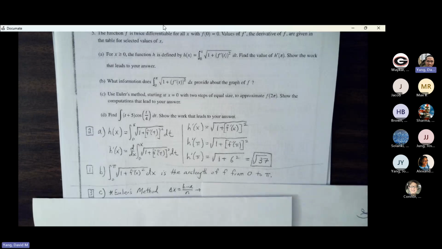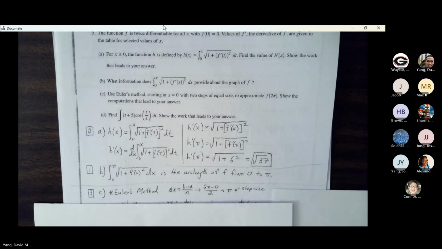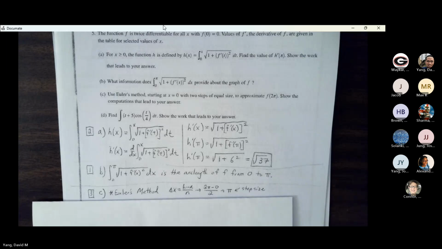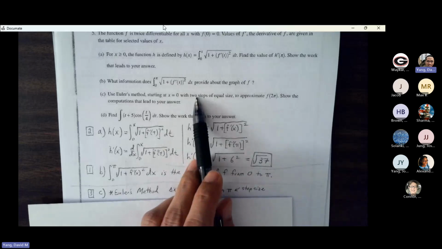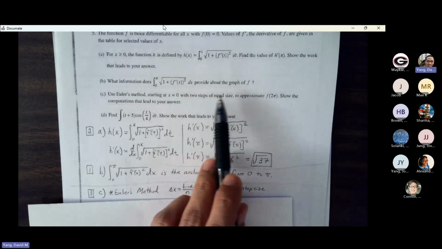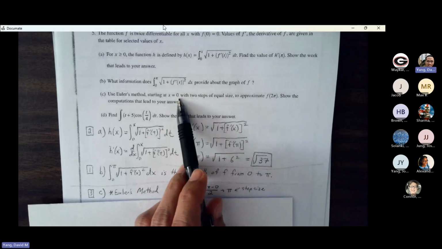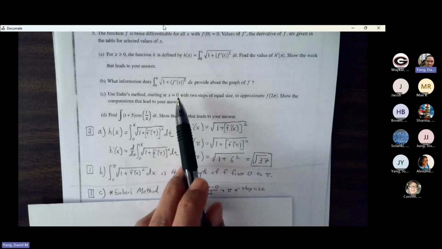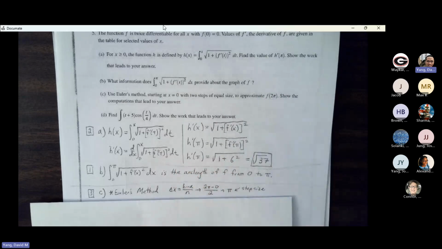For C, this is Euler's method without a calculator. We want equal step size, so we know that's 2 steps. That's our n is equal to 2. And we know we're starting at 0 and ending at 2 pi. So 0 is a, 2 pi is b.